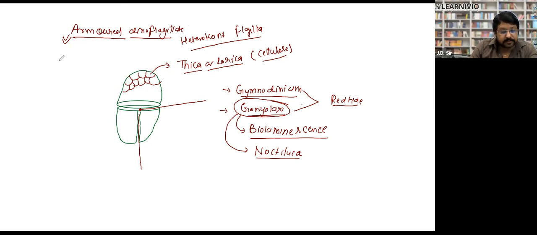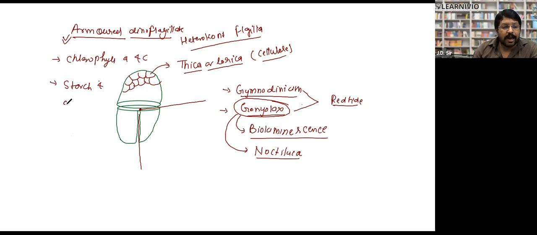Next point. They have chlorophyll a and c as their photosynthetic pigment, as they are photosynthetic. Next point.